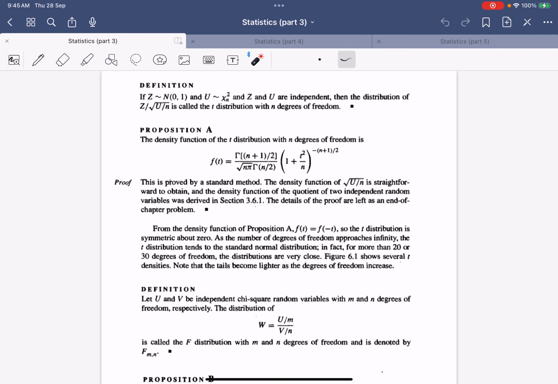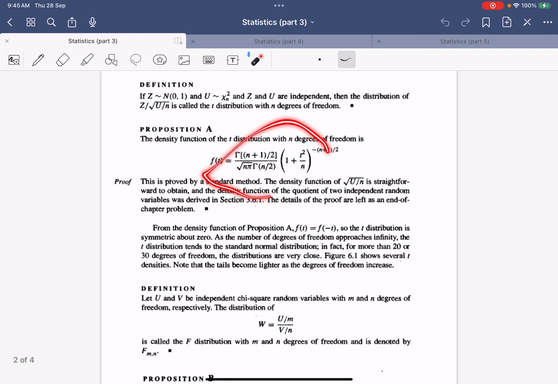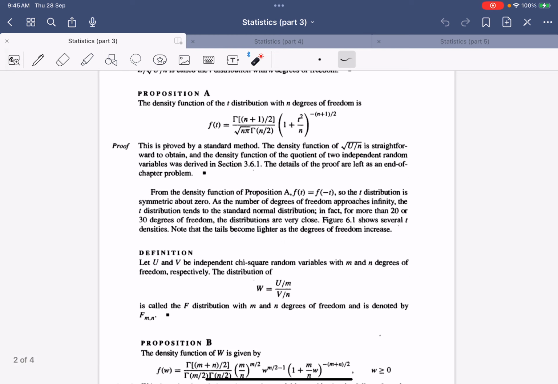But the more important thing is that from this distribution, we understand that it is symmetric about 0. And as the degrees of freedom approaches infinity, meaning n becomes very large, this actually becomes the standard normal distribution. So it's a very good approximation.